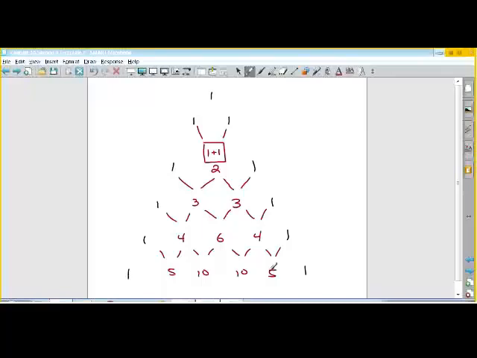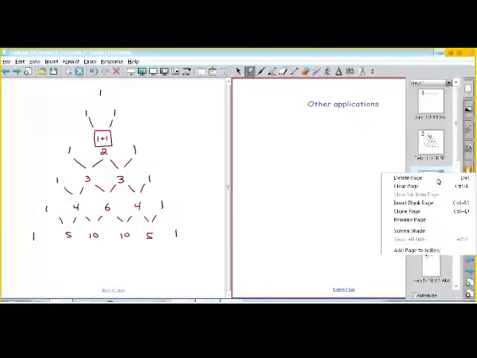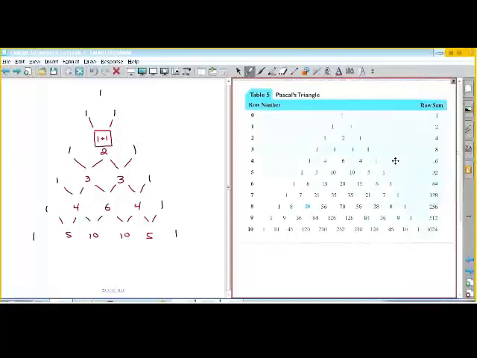So what is the use? What is the significance of those numbers? Well, there's two significances to them. So let me delete that page. So here's Pascal's triangle. It's in your book. It goes through the 10th row. So I went as far as this row, 1, 5, 10, 10, 5, 1.